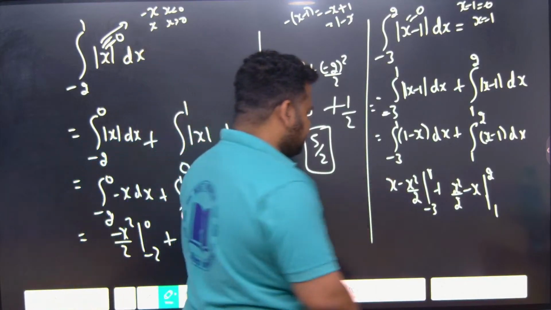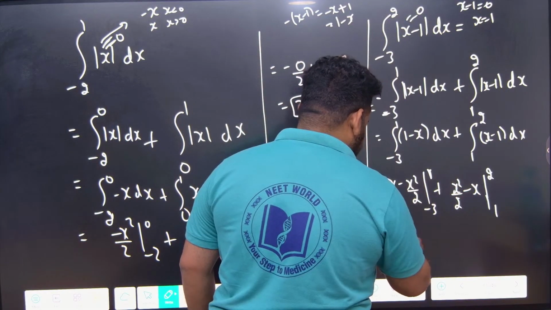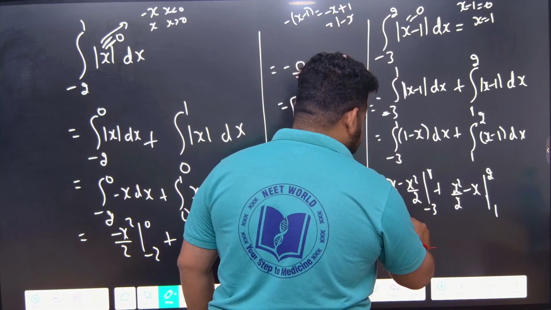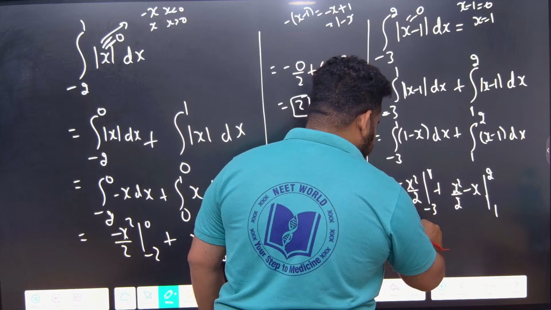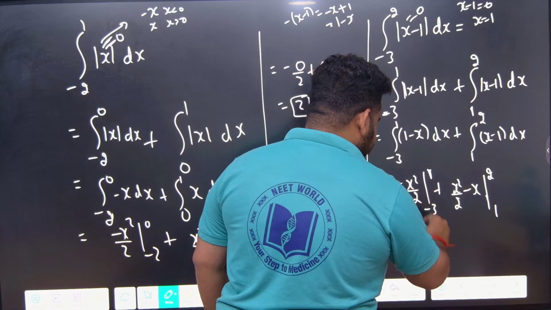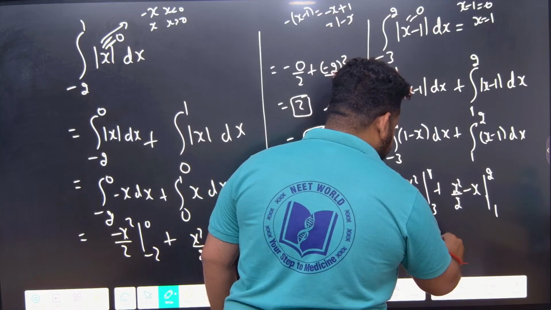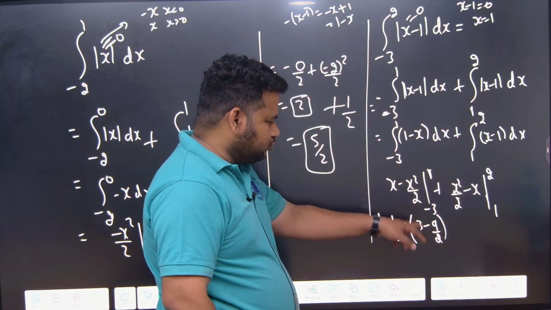What is the upper limit here? 1. So 1 minus 1 square by 2, that is 1 by 2. Minus, if I put x as minus 3 here, minus 3 square is 9, so 9 by 2.